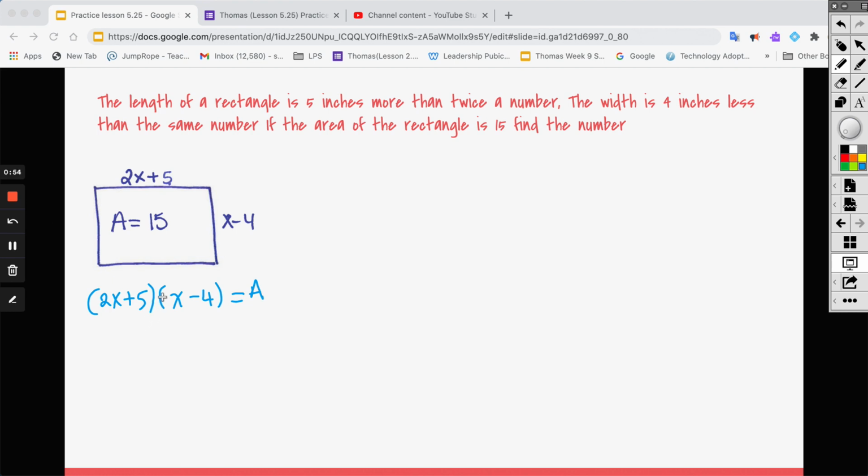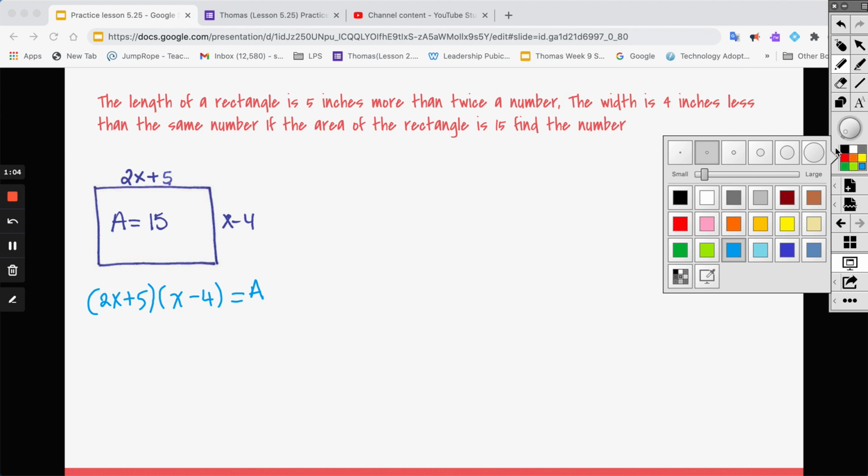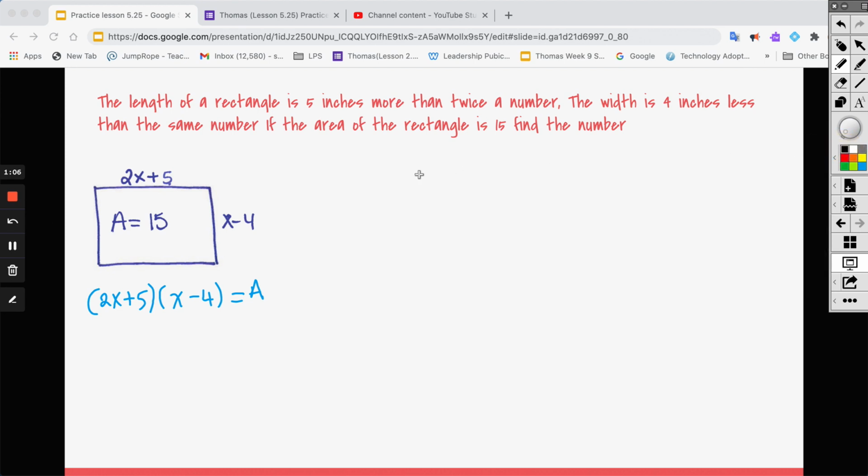So what we're going to do is use the box method to give the standard form of this equation. So let's figure out what the area is in standard form.